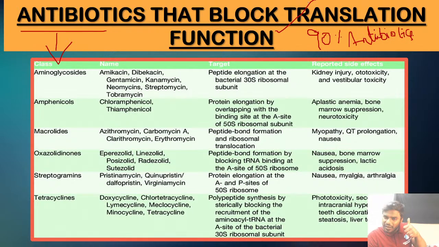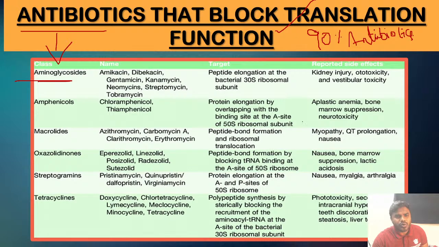And friends, not only antibiotics, even certain toxins can also block the process of translation. I am just explaining the most important ones. You have to read everything in the PDF. Here there is very little to explain. This is the area you have to remember.